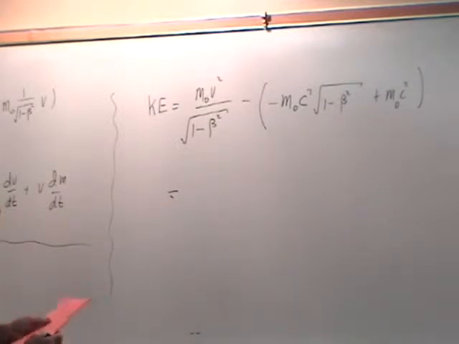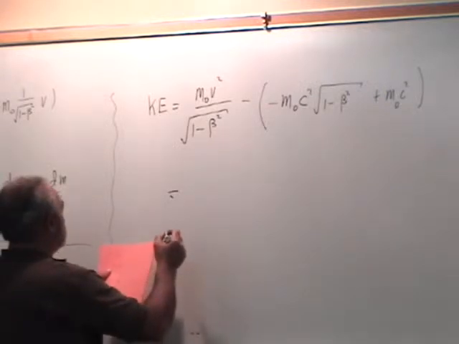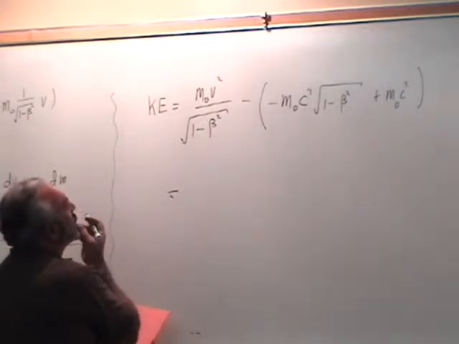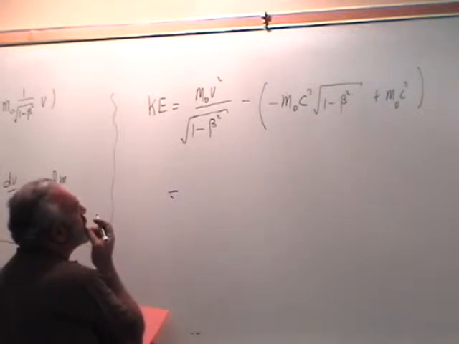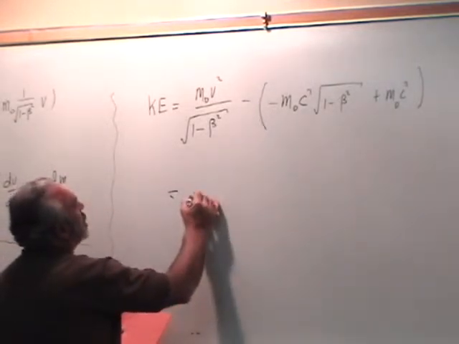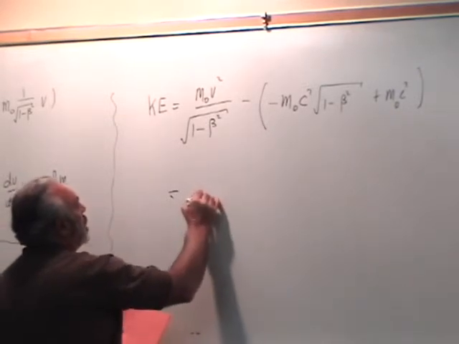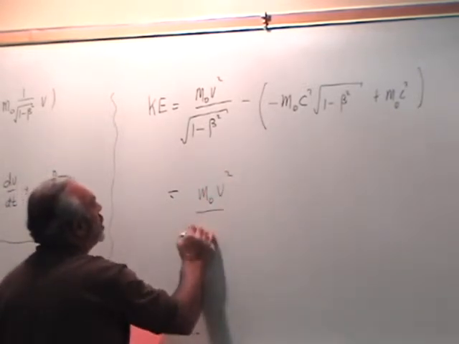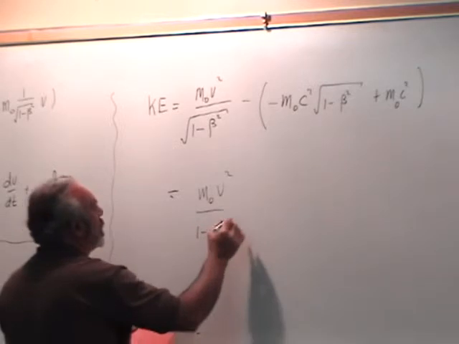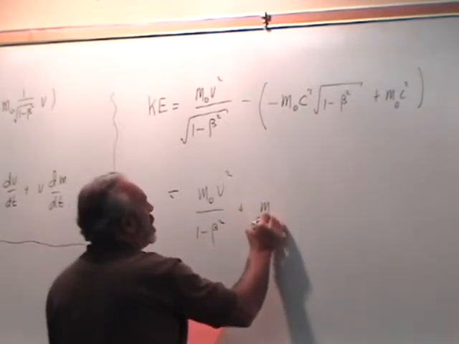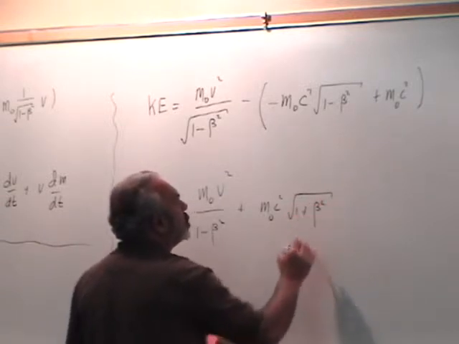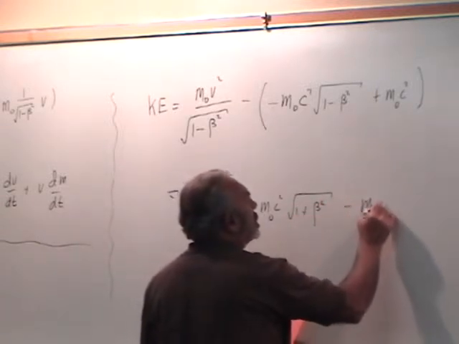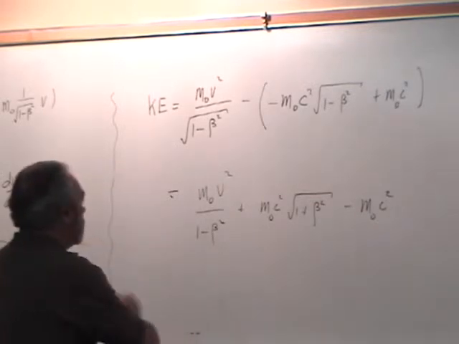My next claim is that it becomes, oh, I think I see it. If we factor out m naught v squared over 1 minus beta squared, plus m naught c squared root of 1 plus beta squared minus m naught c squared, like this.